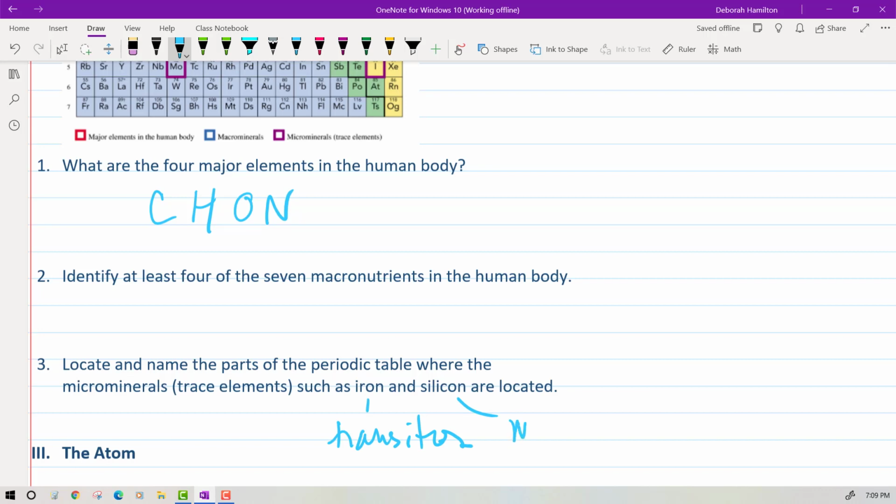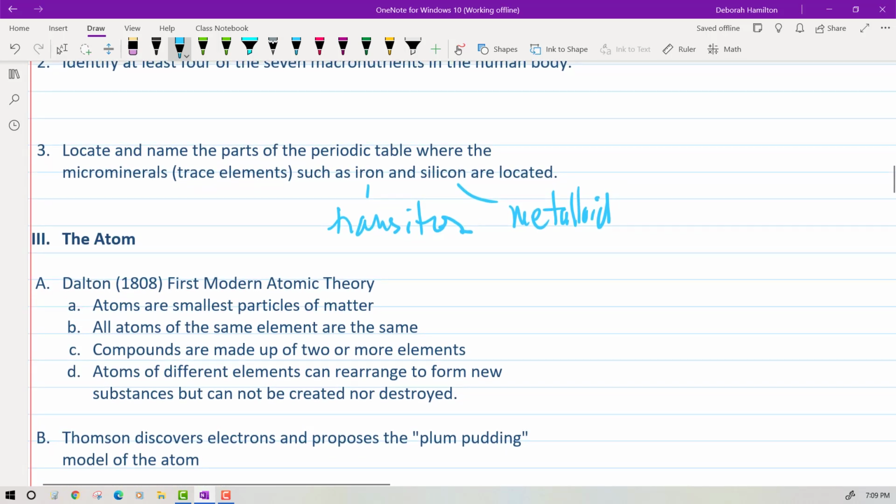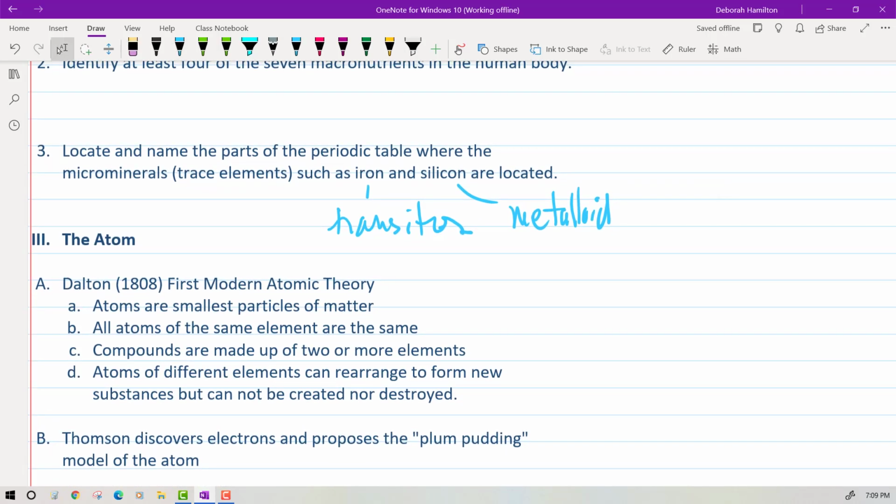And then silicon is a metalloid. Okay, so that is that. And I think I'm stopping the video at this point. All right, we've covered the periodic table here. And the next one we'll take a look at some history of the atom and the atomic theory.